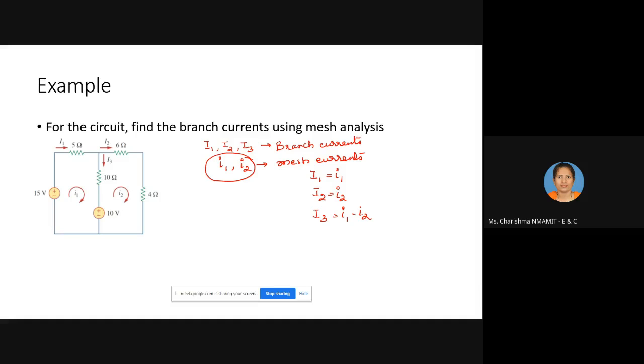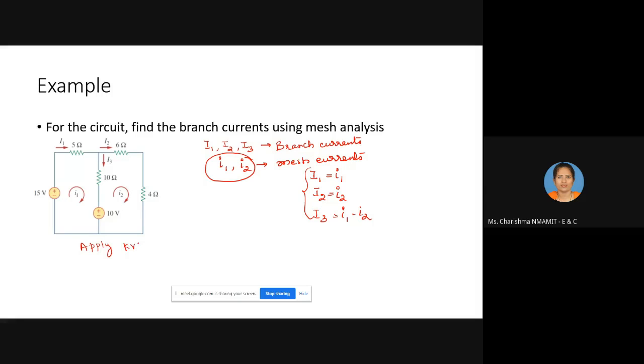Even though you need to find the branch currents, for the time being forget about I1, I2, I3, because you are going to find the mesh currents. When writing the KVL equation, write it in terms of mesh currents itself. Once the mesh currents are obtained, you find the branch currents using this relation. Now let us apply KVL to mesh 1.